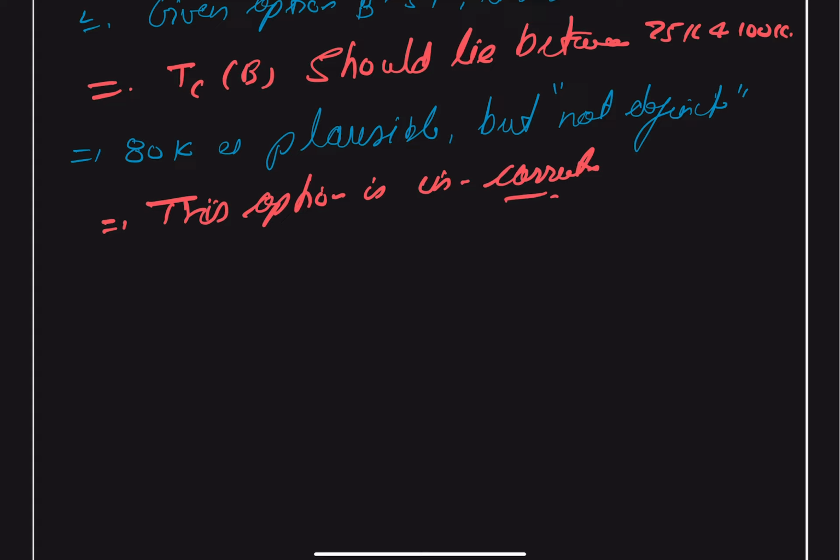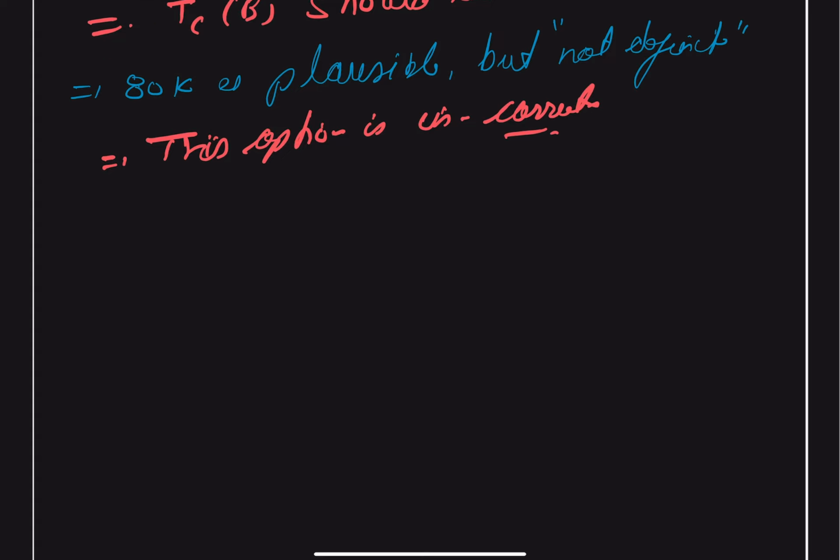Now we come to option B. In option B, once again the magnetic field is given as 5 Tesla and the critical temperature is lying between 75 Kelvin and 100 Kelvin.